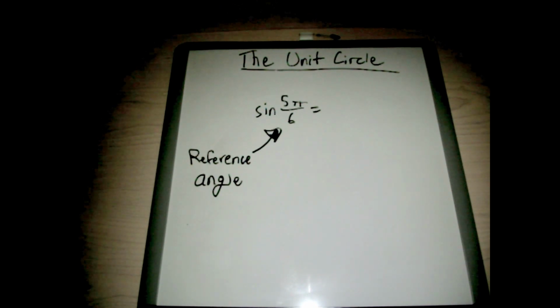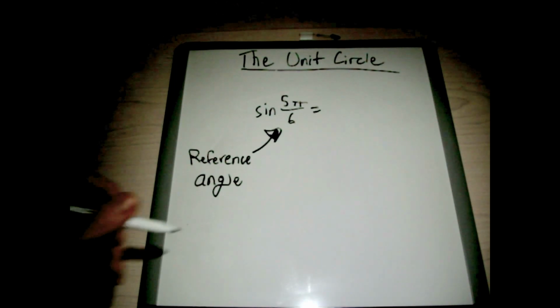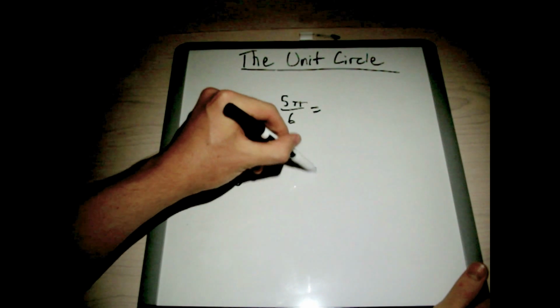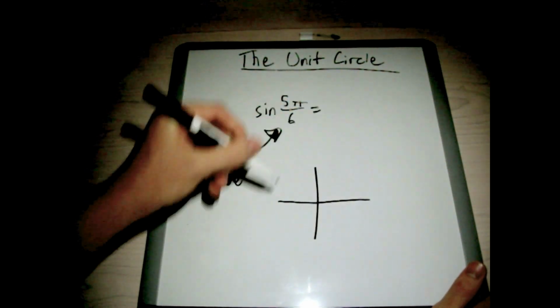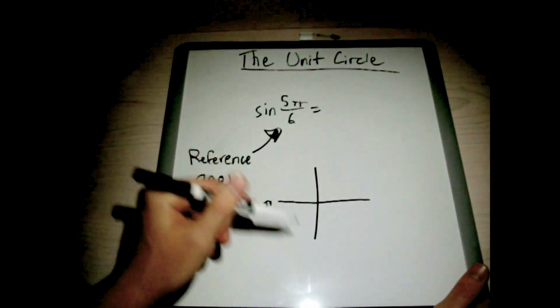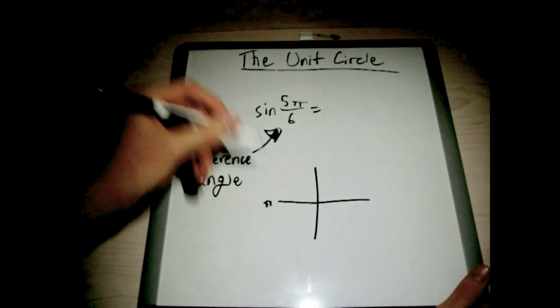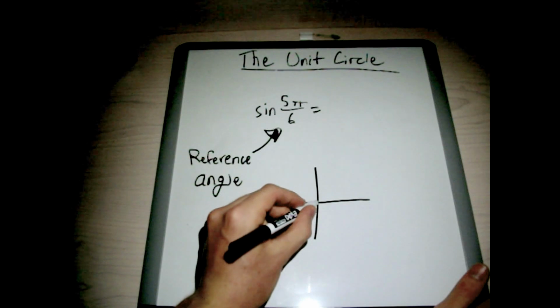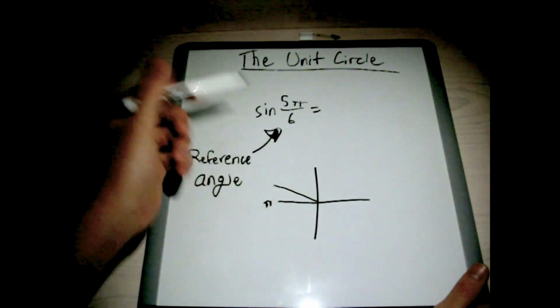So sine of 5 pi over 6. Alright. So you know that 5 pi over 6 is going to be in the second quadrant because pi is 180 degrees. So 5 pi over 6 is probably going to be right here. Well, it is going to be right there.